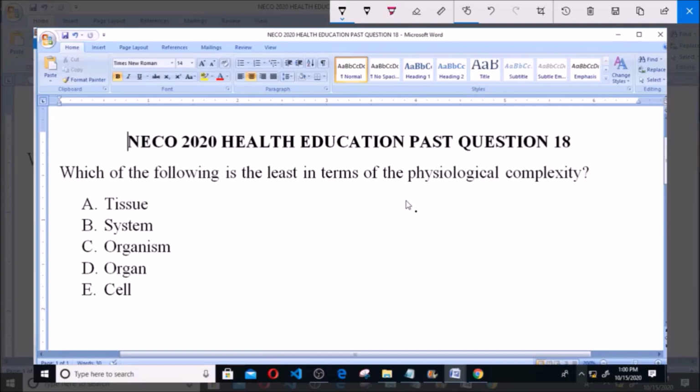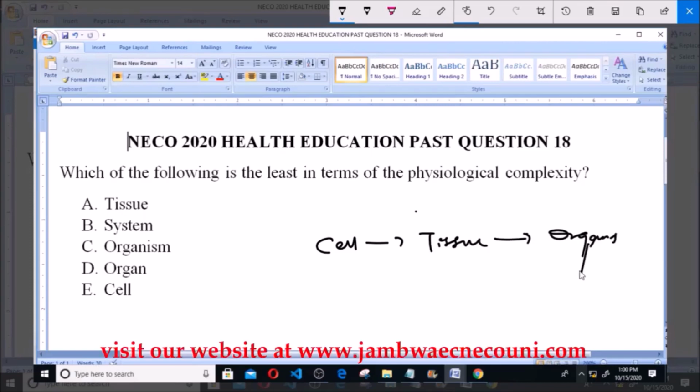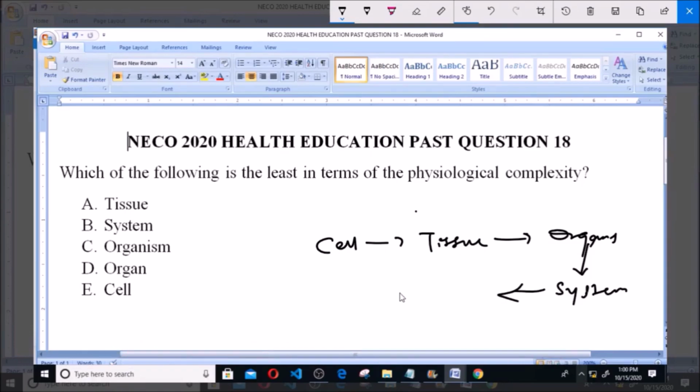Now, the physiological complexity begins from cell to tissue, then from tissue to organs, from organs to system, then from system to organism. This simply means that cell is the least in terms of physiological complexity.